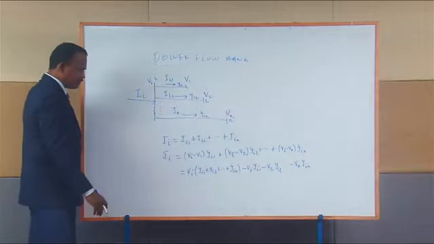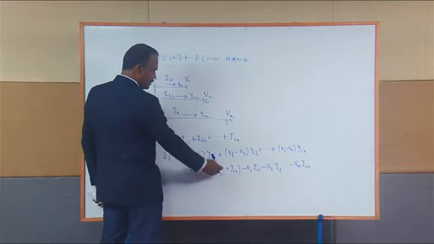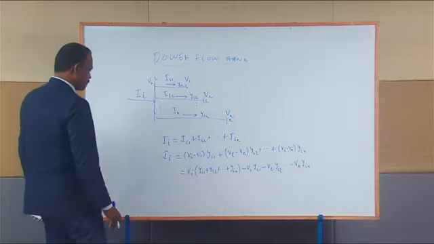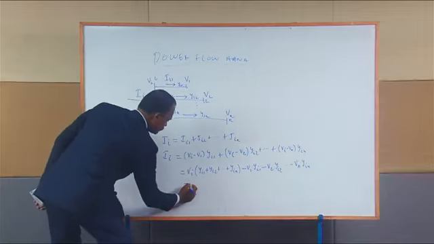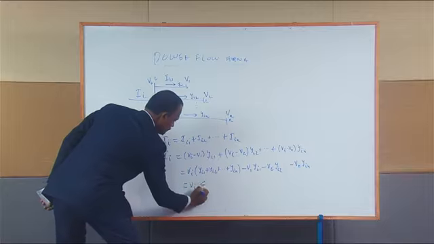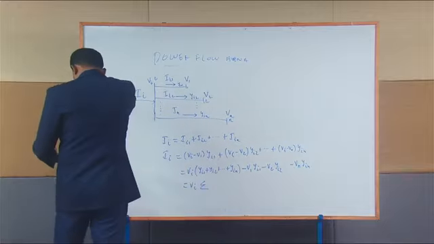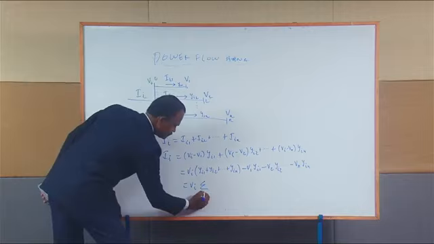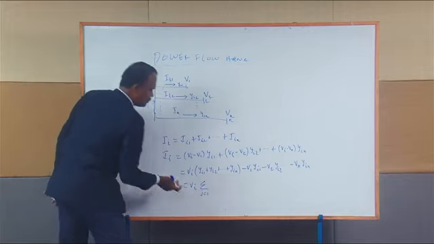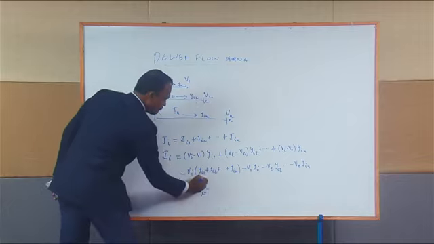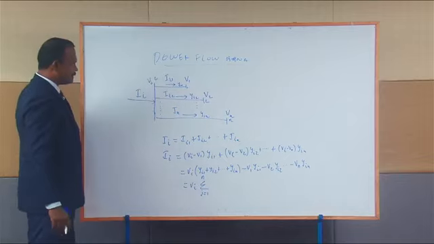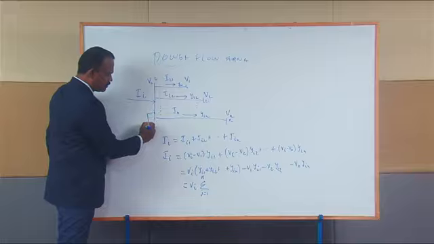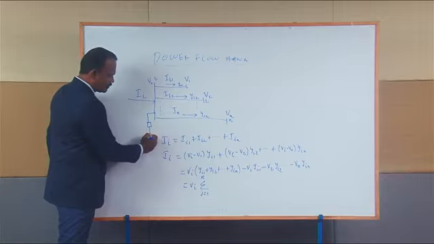Looking at this term, yi1 plus yi2 and so on, I can write as a summation series. So this is equal to Vi sigma j equal to 1 to n.